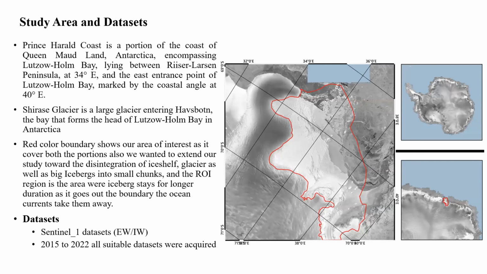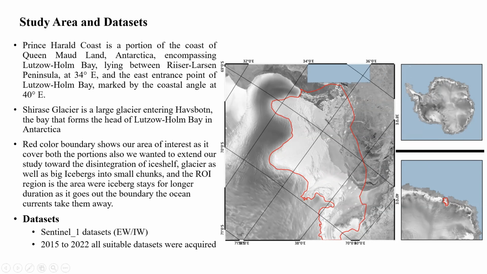Just a briefing about my study area. I have chosen these two parts, Prince Harald Coast and Shirase Glacier, just to confine our study area so that things become a little easier.